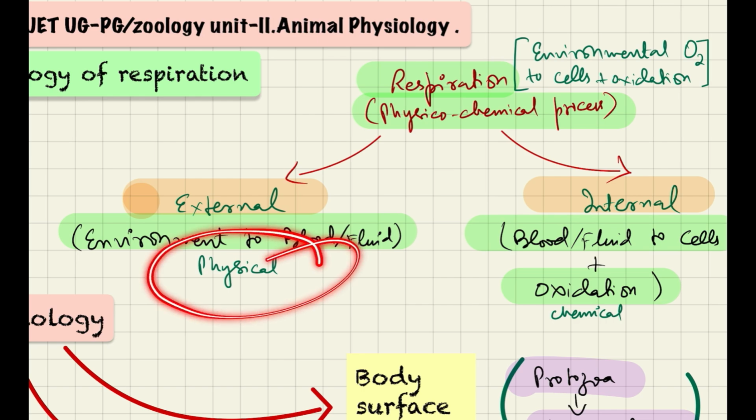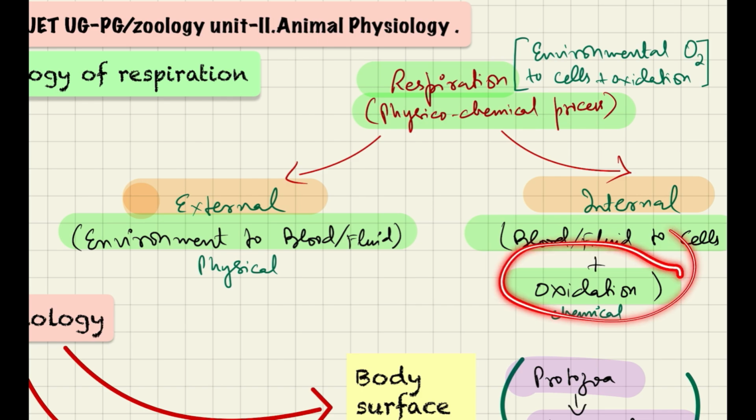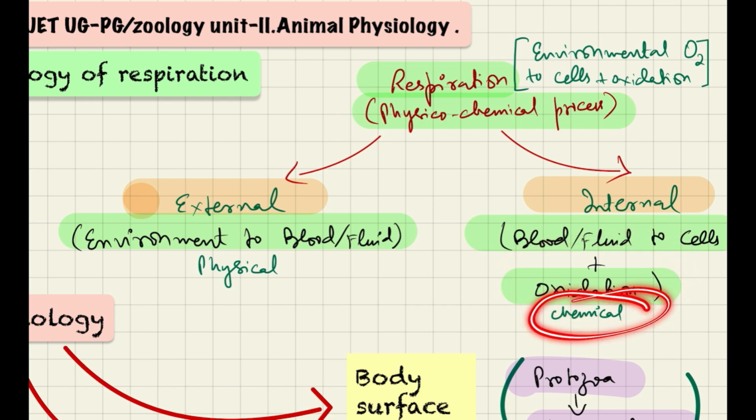So this is a completely physical process depending on the partial pressure. Then there is this internal respiration, which involves the transfer of the same oxygen from the fluid or the blood to the cells, and there the oxidation, means the use of this oxygen for the oxidation of the food, which is a chemical process.